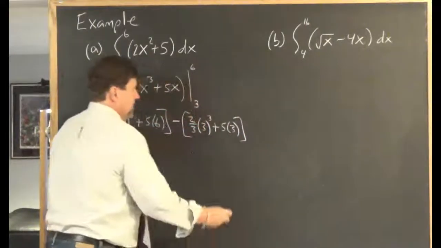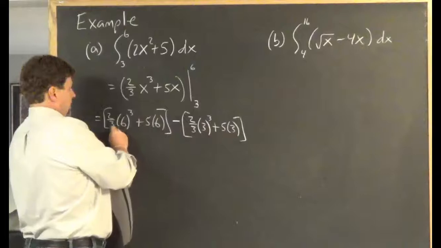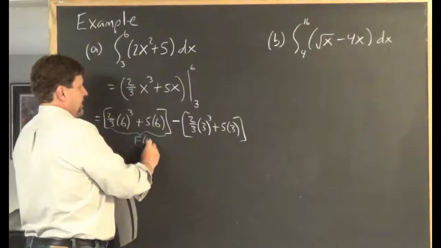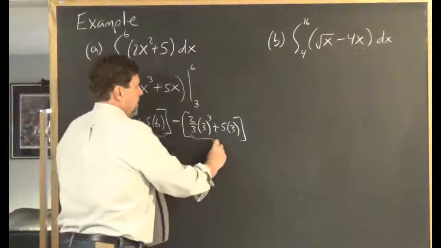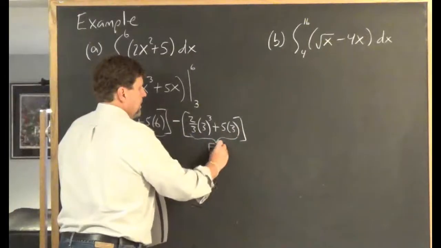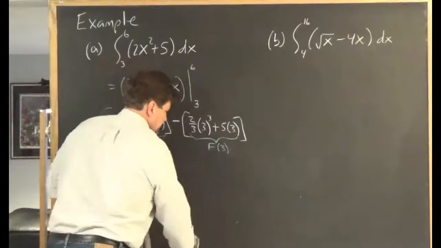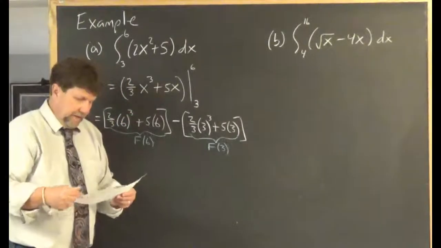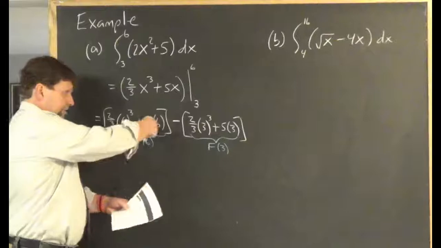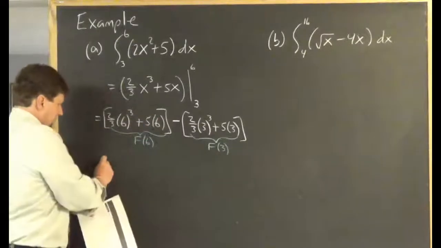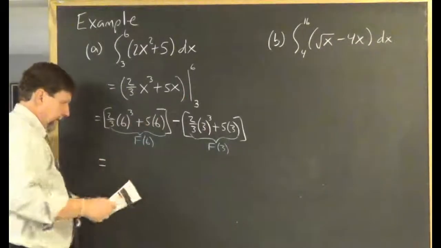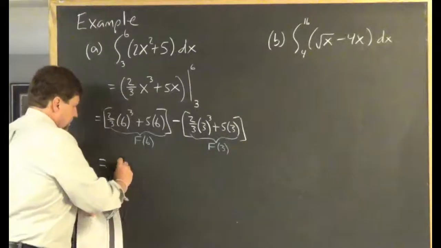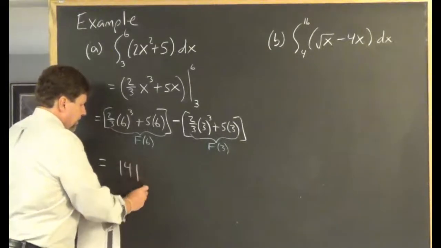So all of this here is F of 6, and this is F of 3. So now it just becomes an arithmetic problem. If you do it correctly, I would use my calculator, you're going to end up with a value of 141.